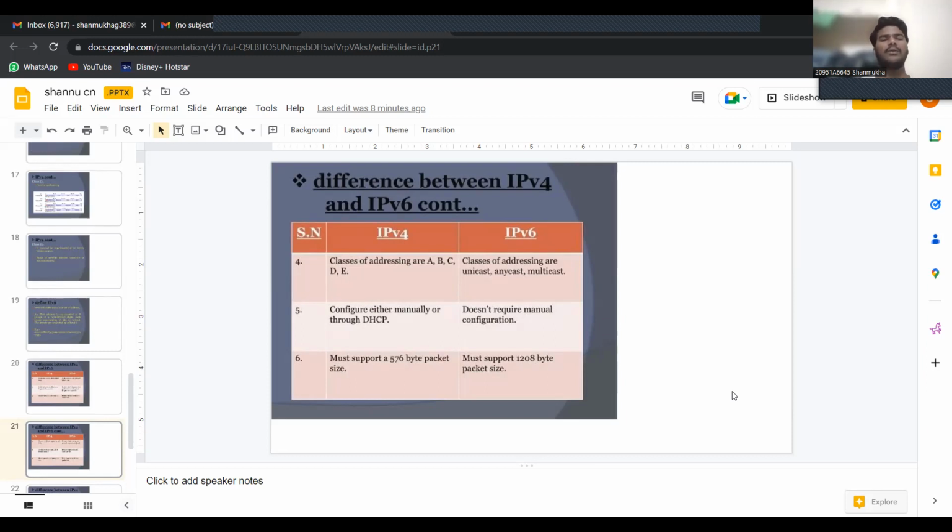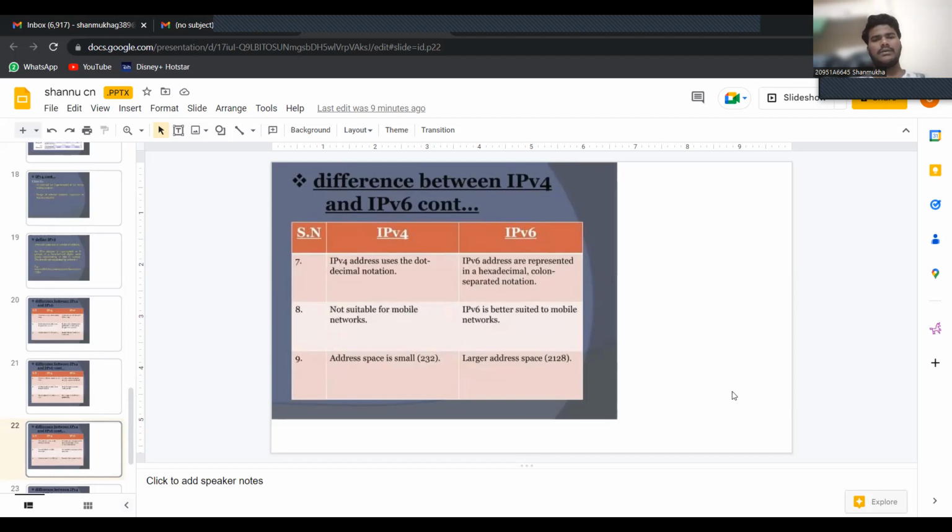IPv4 is configured either manually or through DHCP, while IPv6 doesn't require manual configuration. IPv4 must support a 576 byte packet and IPv6 must support a 1280 byte packet. IPv4 addresses use the dotted decimal notation, and IPv6 addresses are represented in a hexadecimal colon separated notation.